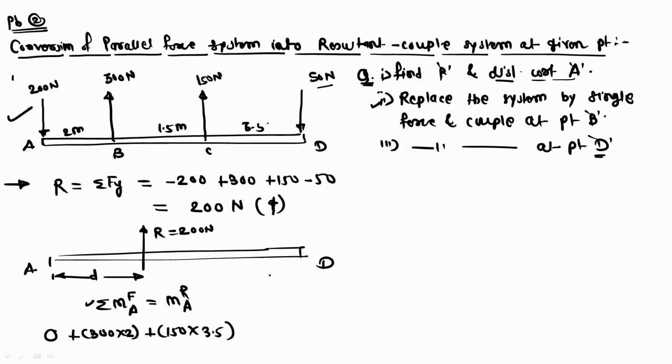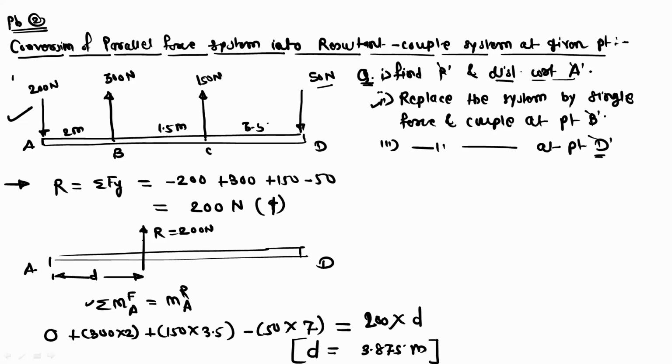Then by 50, it is negative. So 50 into 7, it is equal to the moment by the resultant, so 200 into distance D. From this, we will get the answer D is equal to 3.875 meter.